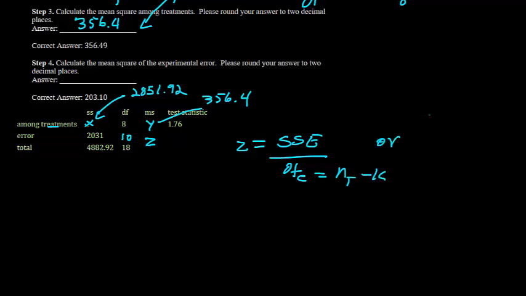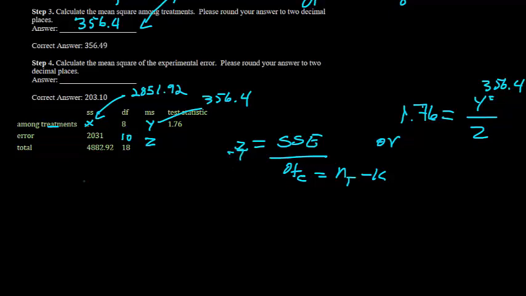Or I can also take the test statistic, 1.76, and the equation for that calculation: 1.76 is equal to y over z, where y has already been calculated at 356.4. Either one of these will work.